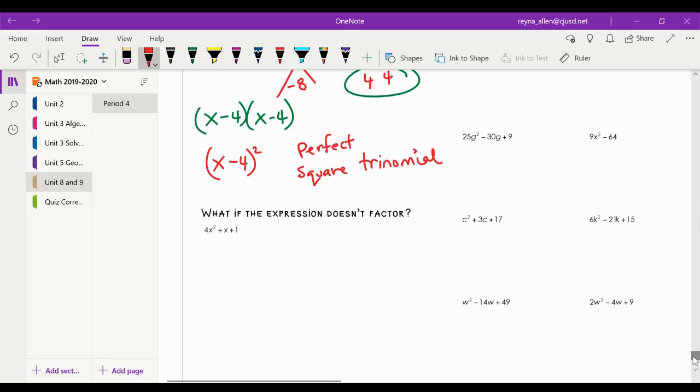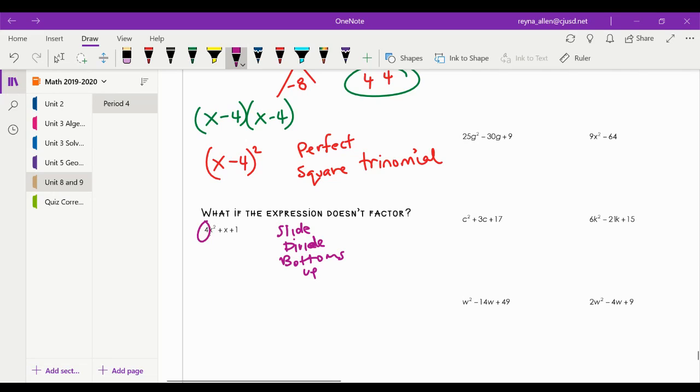And then in math, not everything is perfect. So I'm going to show you one where it doesn't factor. So let's try our slide, divide, bottoms up method.